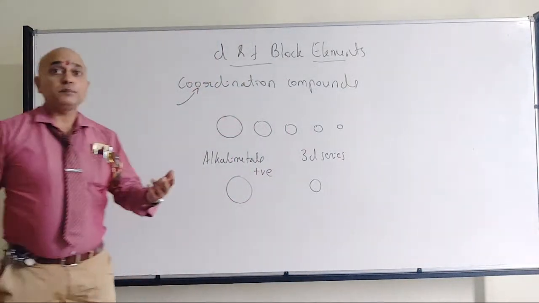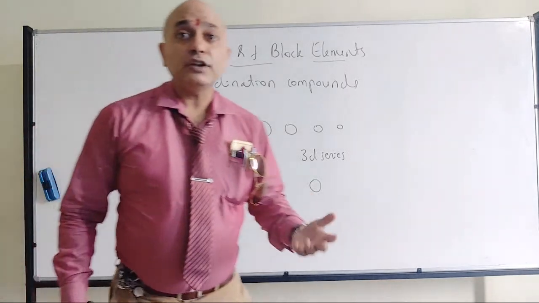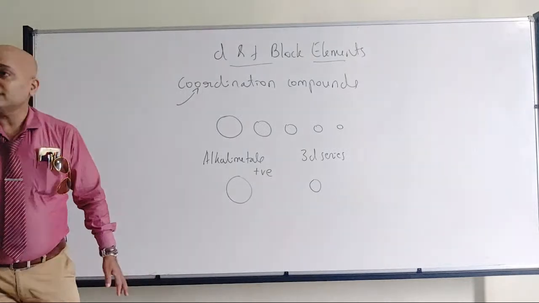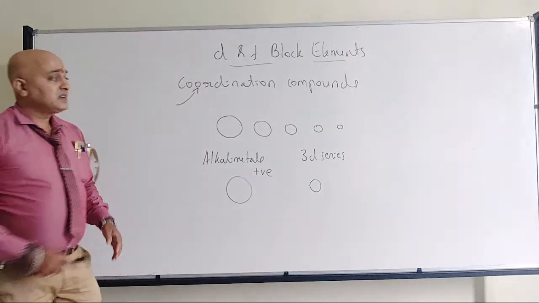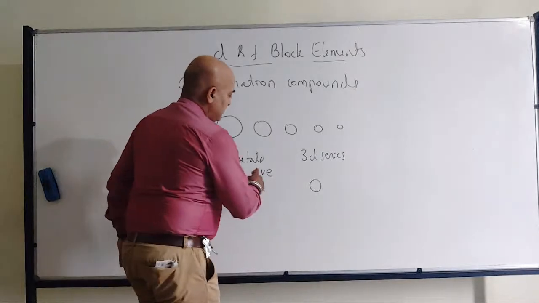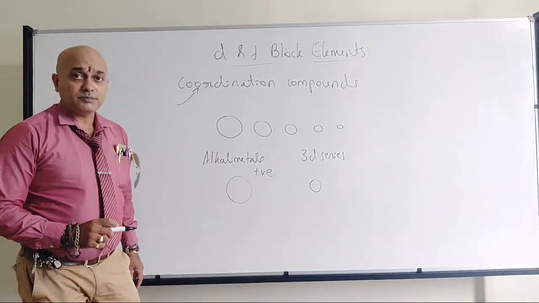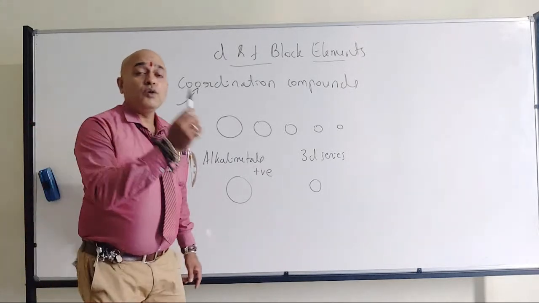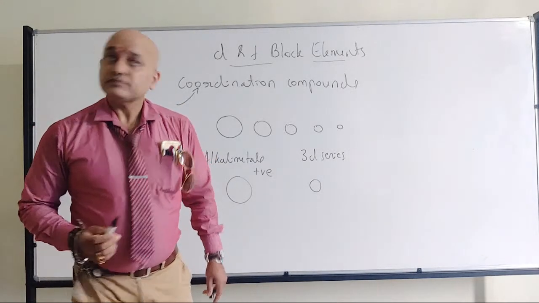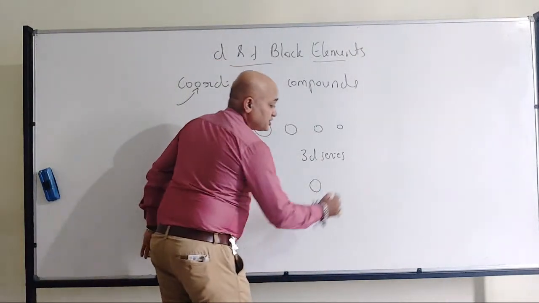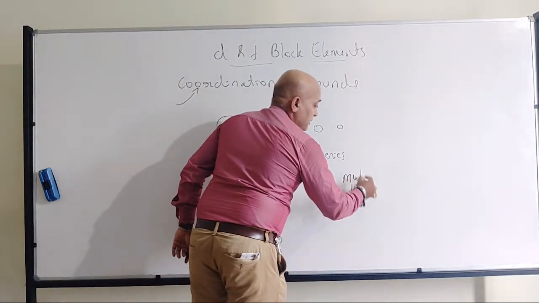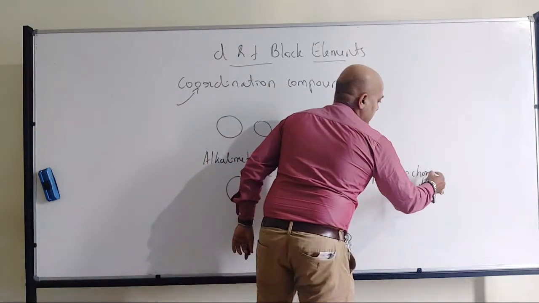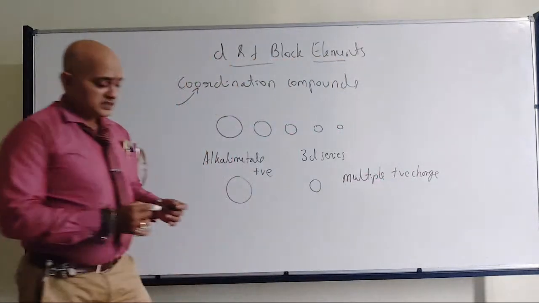Ferric, ferrous, cupric, chromium, cobalt, all of them can have multiple positive charges. For alkali and alkaline earth metals, the charge is constant and restricted to 1 and 2 respectively.